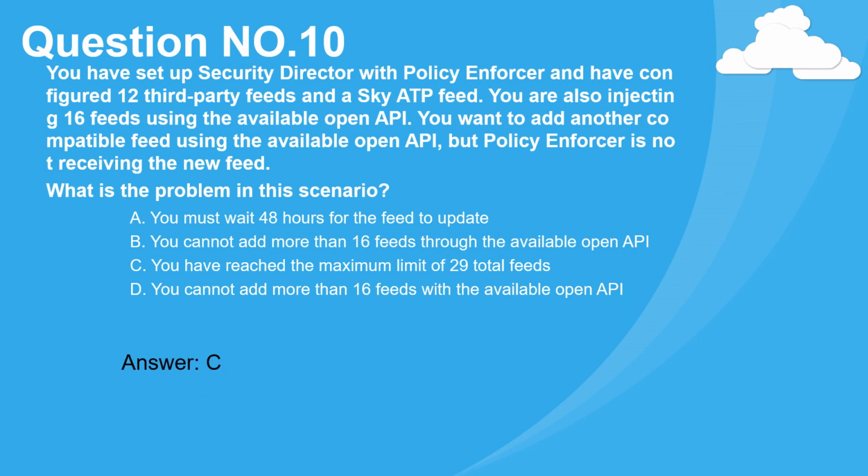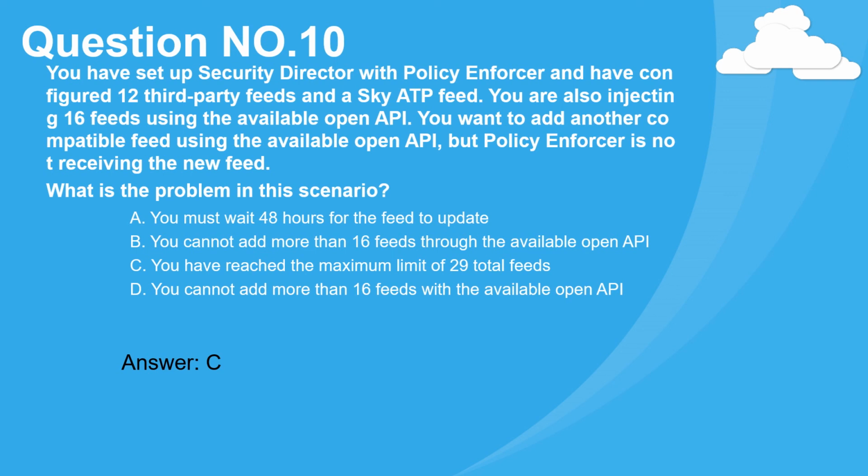Question number 10. You have set up Security Director with Policy Enforcer and have configured 12 third-party feeds and a Sky ATP feed. You are also injecting 16 feeds using the available Open API. You want to add another compatible feed using the available Open API, but Policy Enforcer is not receiving the new feed. What is the problem in this scenario?